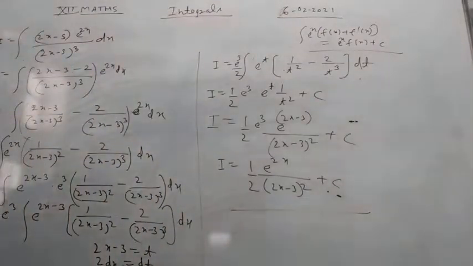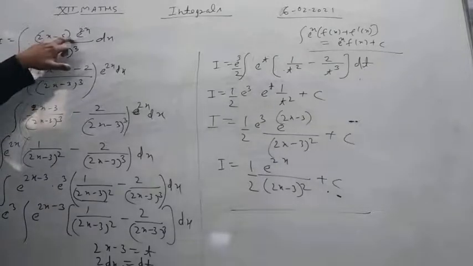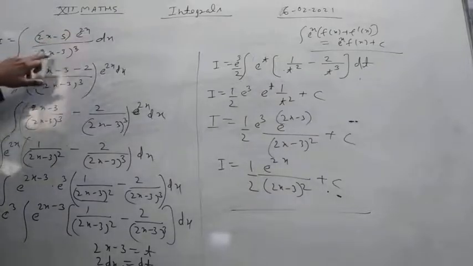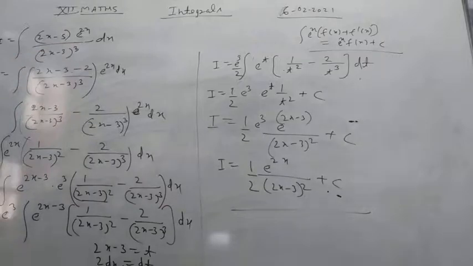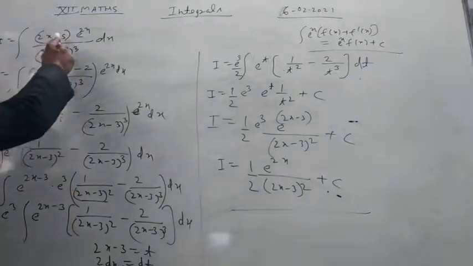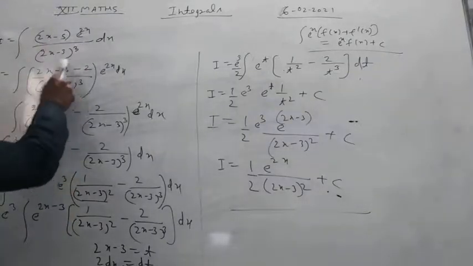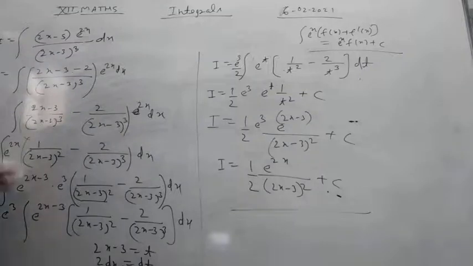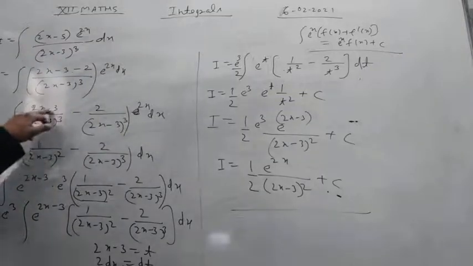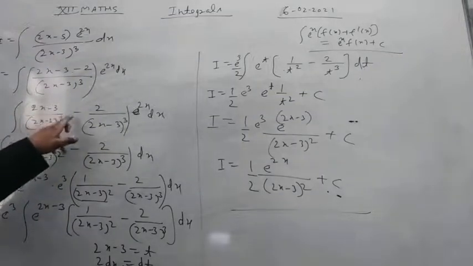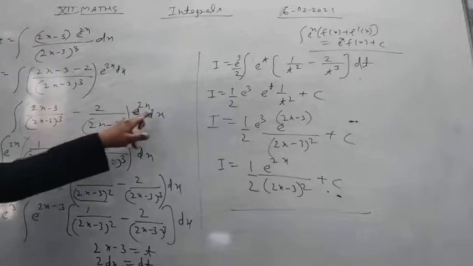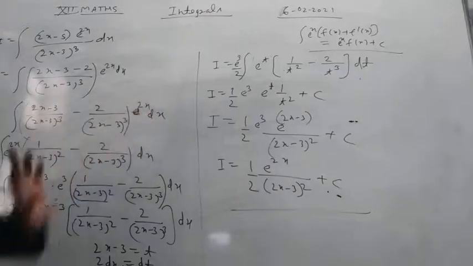So let's see once again what we have done. Our question is (2x minus 5) into e to the power 2x over (2x minus 3) whole cube dx. So I is equal to (2x minus 3) minus 2. Now from here we separate in two parts: (2x minus 3) by (2x minus 3) whole cube minus 2 by (2x minus 3) whole cube, and this is e to the power 2x dx.